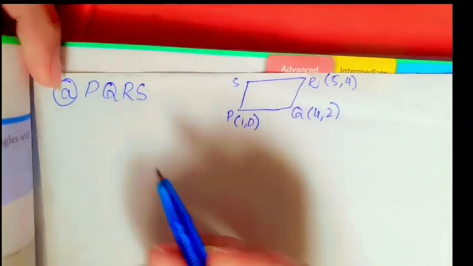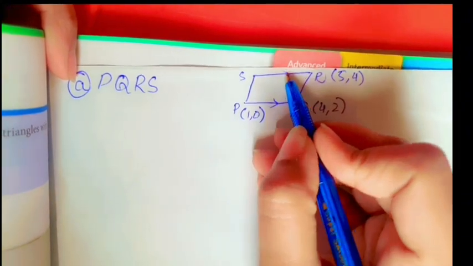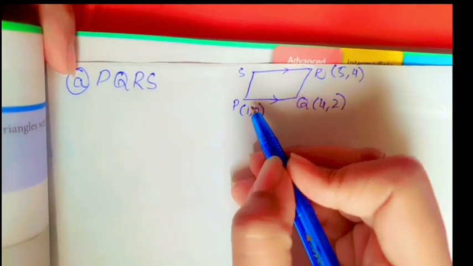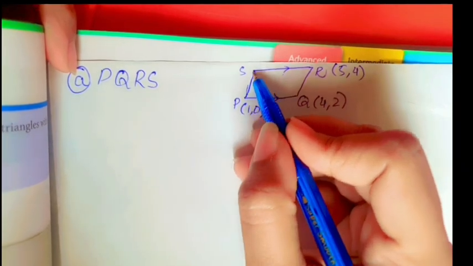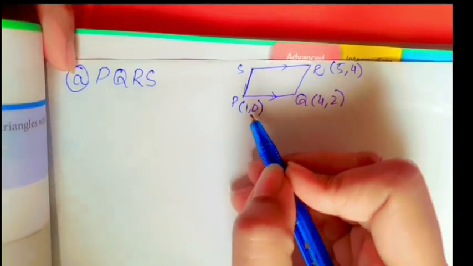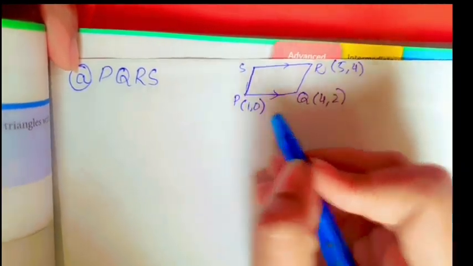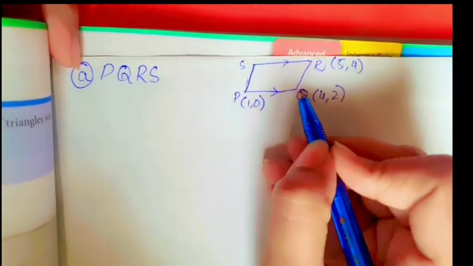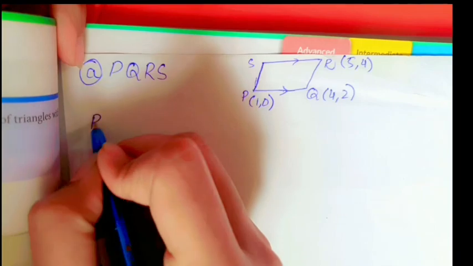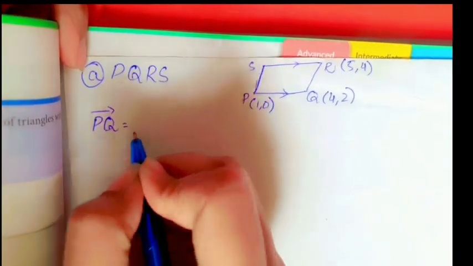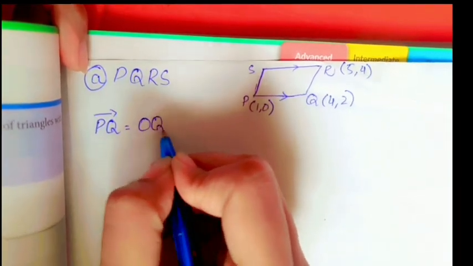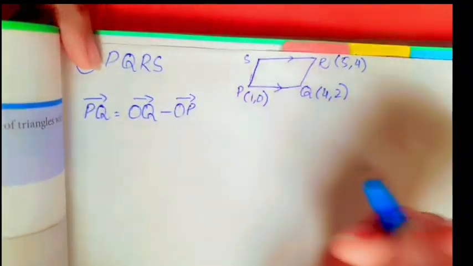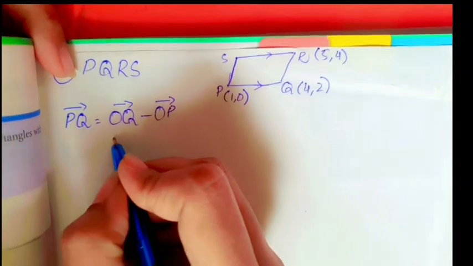So we know that this is a parallelogram and this line is parallel to this line. So I am using this information. First of all, I am finding out the coordinates of PQ. Here P's coordinate is different, Q is different and R. Now I am finding out PQ. Okay, so you know that PQ is equal to OQ minus OP. And what is the value of OQ? OQ is (4,2).